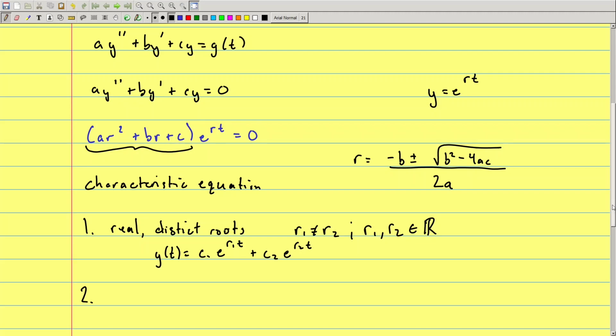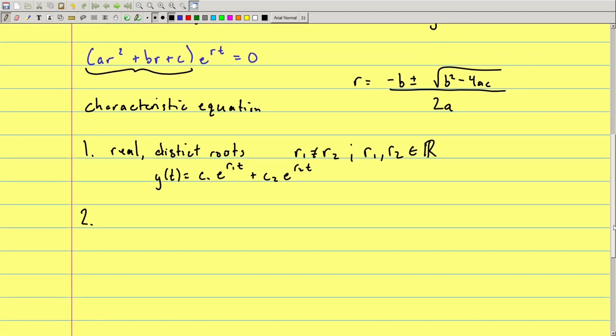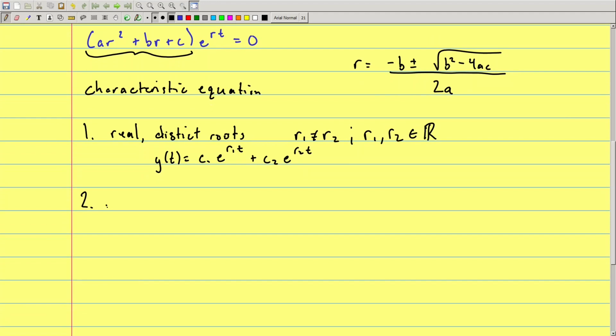The second case is when we have real repeated roots. So r1 is equal to r2, and we'll just call this r for simplicity, and r is a real number.